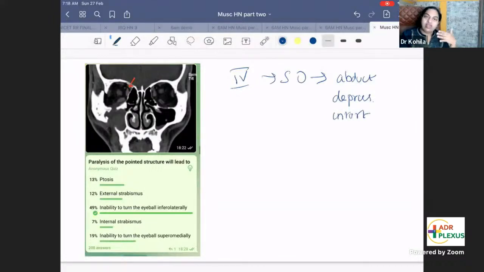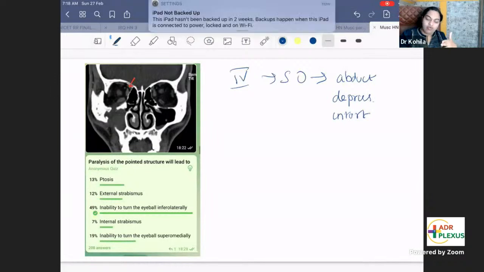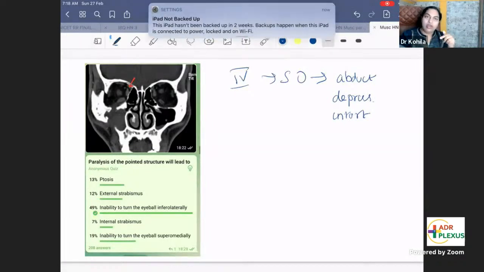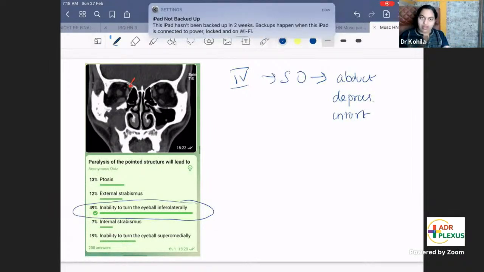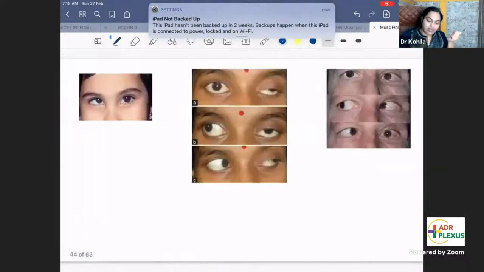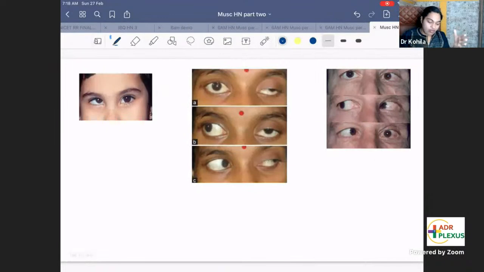So what action will the patient not be able to perform? He will not be able to look down and outwards. Okay. So inability to turn the eyeball down and out. He'll have difficulty while reading a newspaper. He'll have a difficulty while walking downstairs. Okay. Superior oblique palsy.